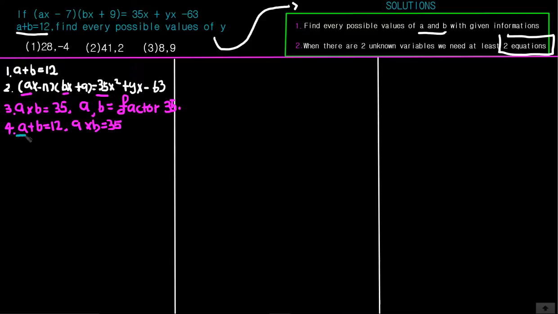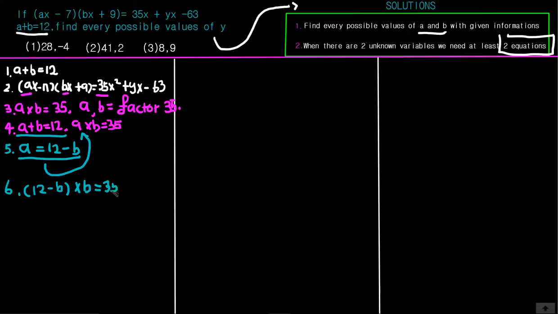So at first, let's use addition one first. I will isolate a, which is in step 5. So a is equal to 12 minus b. We got an exact value of a. We can input it into our equation. Instead of this a, we can input 12 minus b, which is going to be 12 minus b times b is equal to 35.